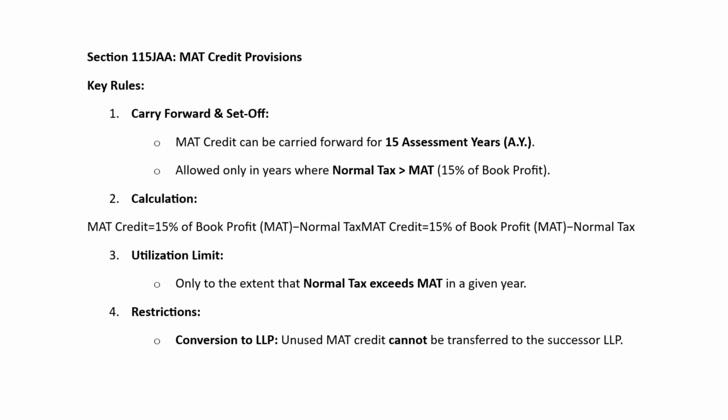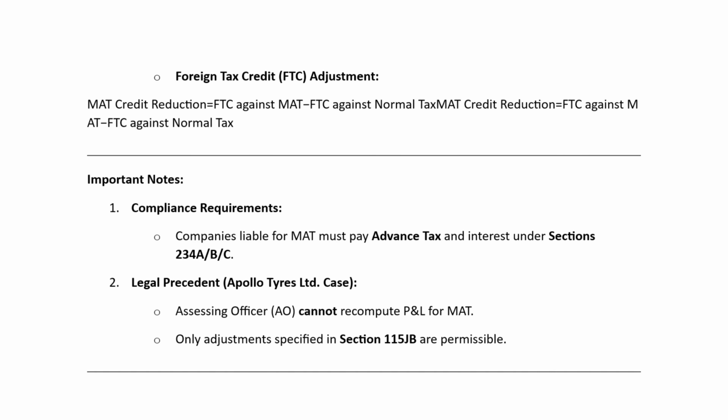Only to the extent that normal tax exceeds MAT in the given year. Restriction: conversion to LLP. Unused MAT credit can't be transferred to the successor LLP. The amount of MAT credit will be reduced by FTC allowed against MAT minus FTC allowed against normal tax.